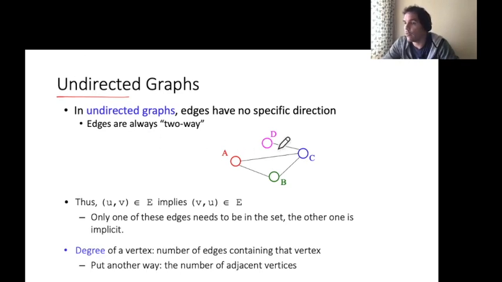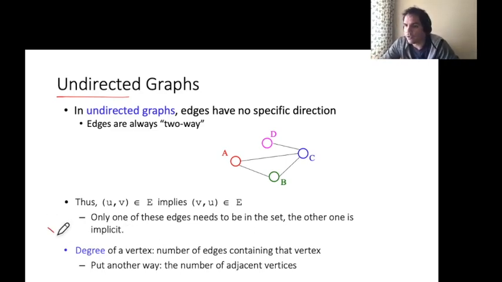All we have to do is indicate one of the two. We can say that this connection is from D to C, or we can say from C to D. We don't need both because there is no direction. We know that these two are connected, and only one of those is going to be enough. We can infer the other one with the data that we have.